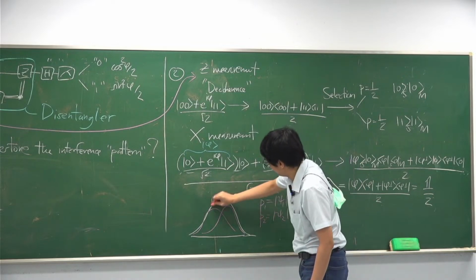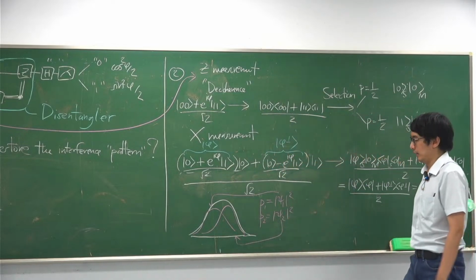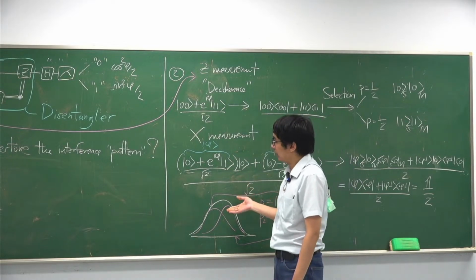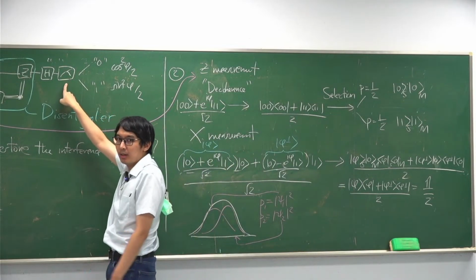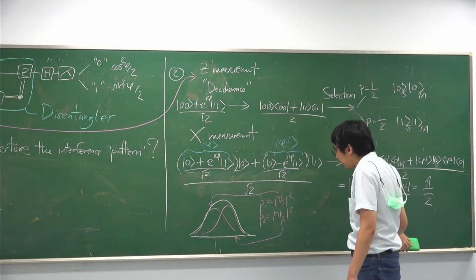When I sum them up, it's just a big lump here. So if you make this measurement first, whatever you record is just this lump.